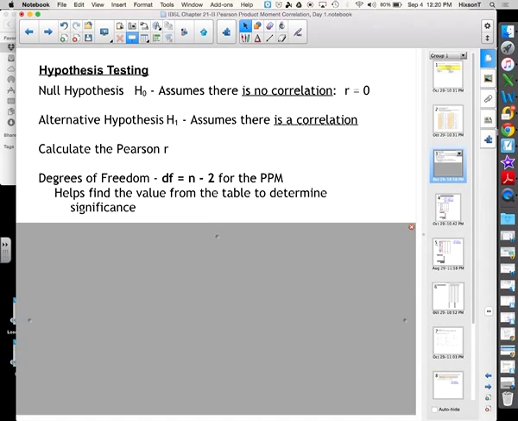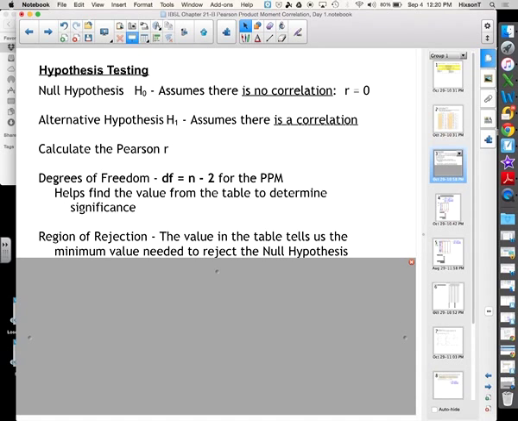That value of significance provides us with a value to determine our region of rejection. Now, all region of rejection means is a range of values for R where we will reject the null hypothesis.